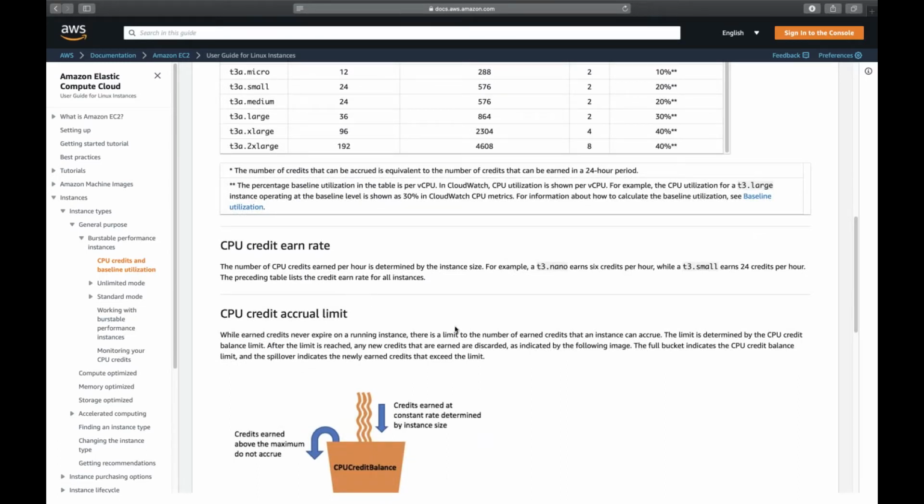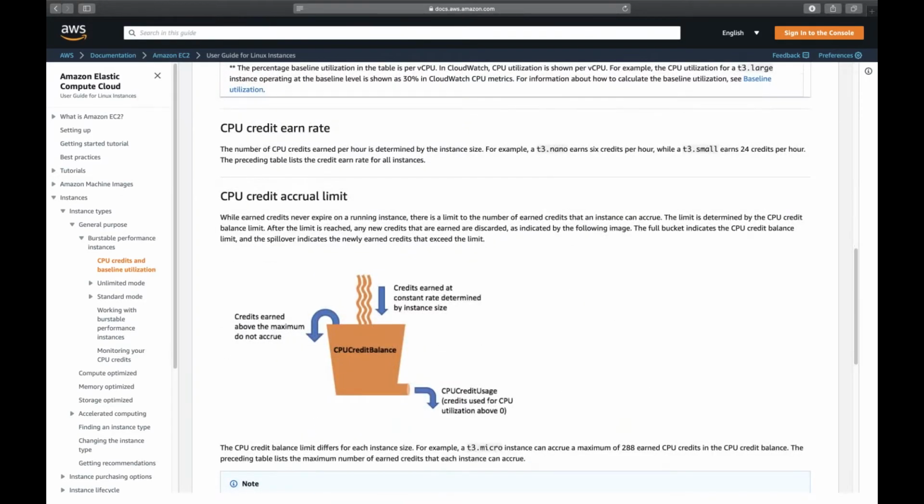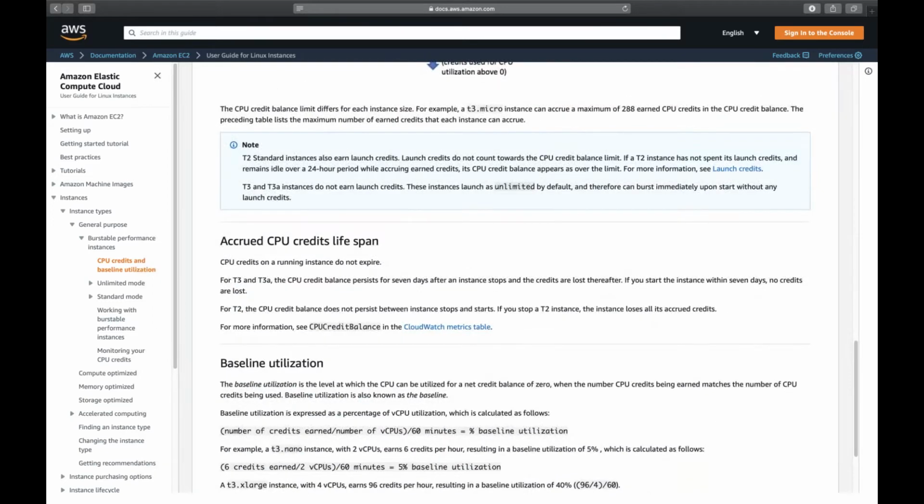How do you credit earn rate? So this is also based on this table. The credit limit is based on the table. Lifespan is like, till the time your instance is running, it does not expire.